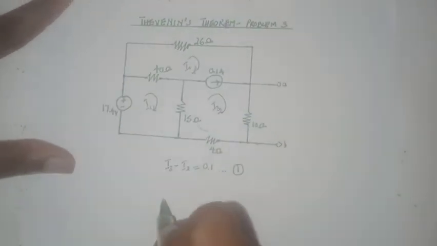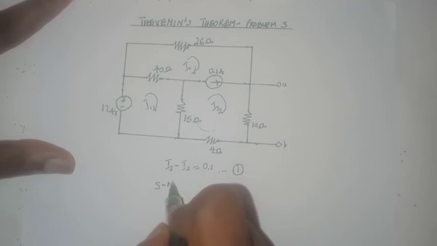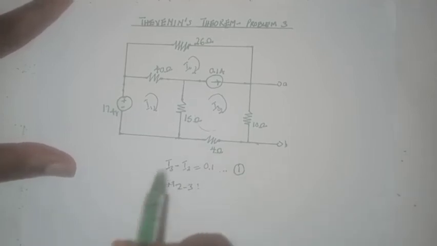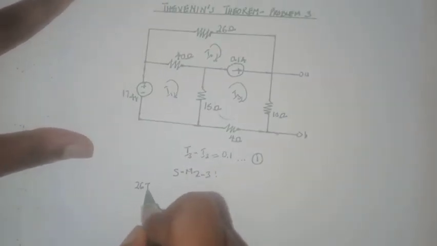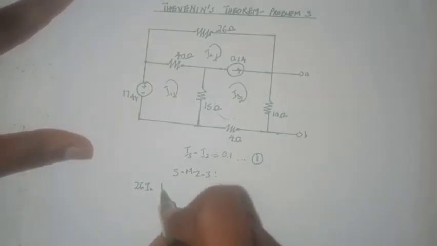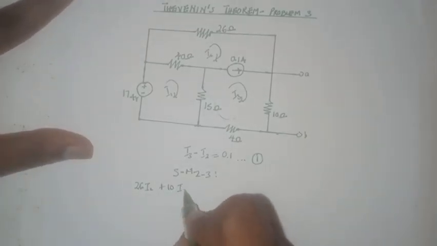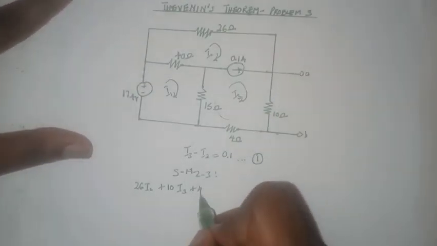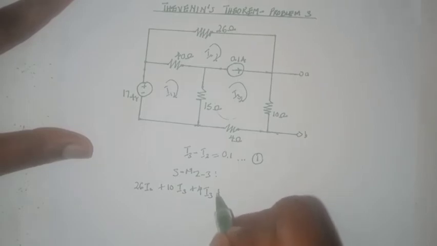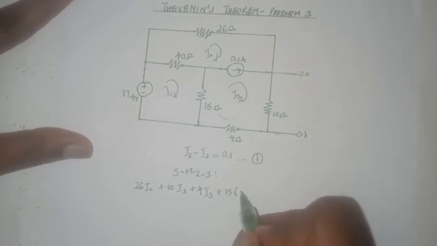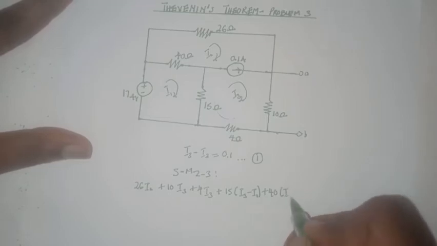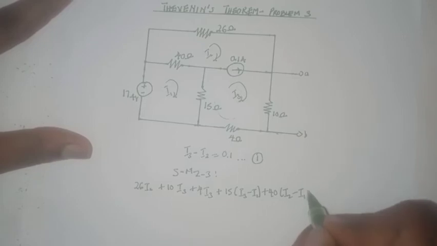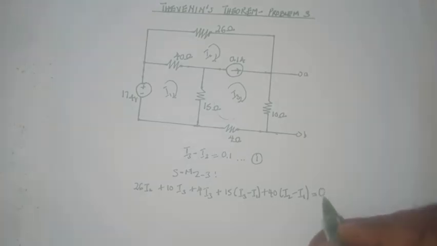Let's call the super mesh SM23, and that super mesh will have 26I2 plus 10I3, plus 4I3, plus 15 into I3 minus I1, plus 40 into I2 minus I1, all equals 0.